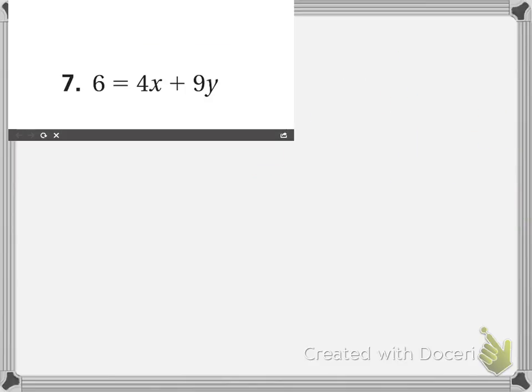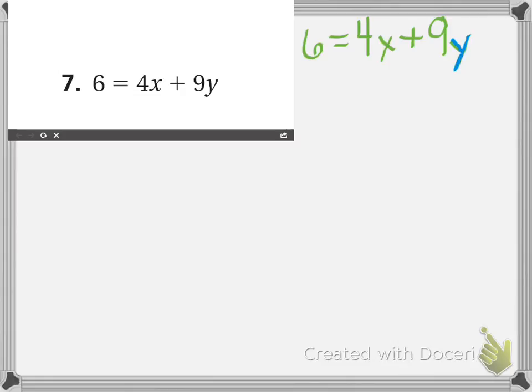Number 7. Same idea as we have been doing. It's just that our variables are on the right side of our equal sign, but the same principles still apply. So we have 6 equals 4x plus 9y. It told us in the directions for all of these that we were solving for y. So here's y.